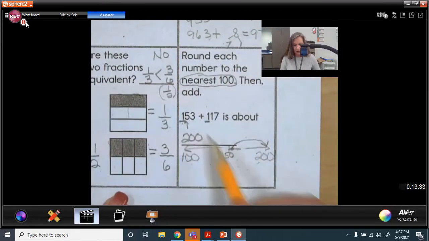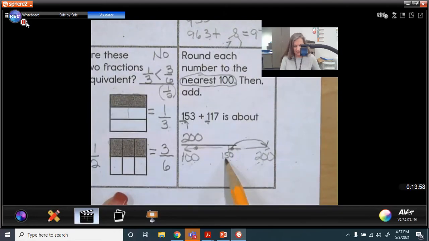Now, we can use these same 200s to round 117, because 117 is between 100 and the next 100, which is 200. Now, 117 would be right over here somewhere maybe, right? We're estimating. But we know that it's going to be less than 150.